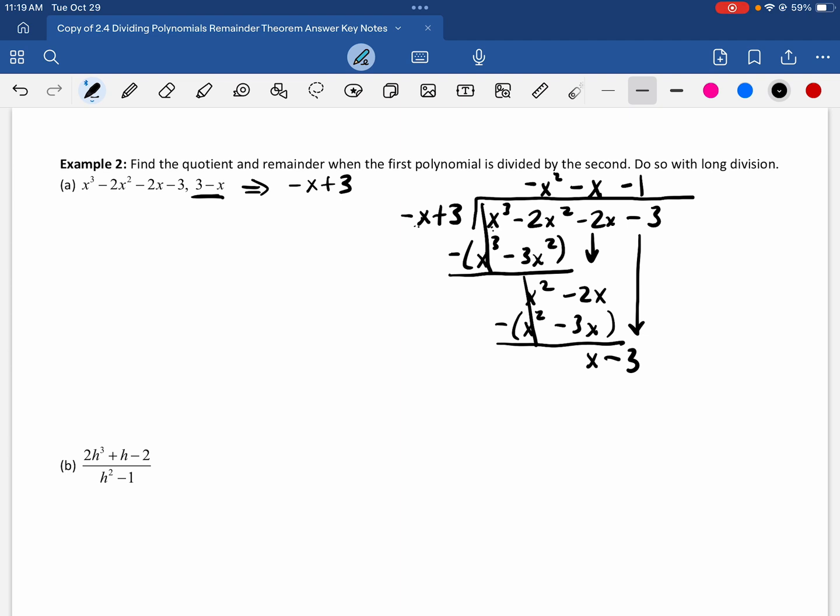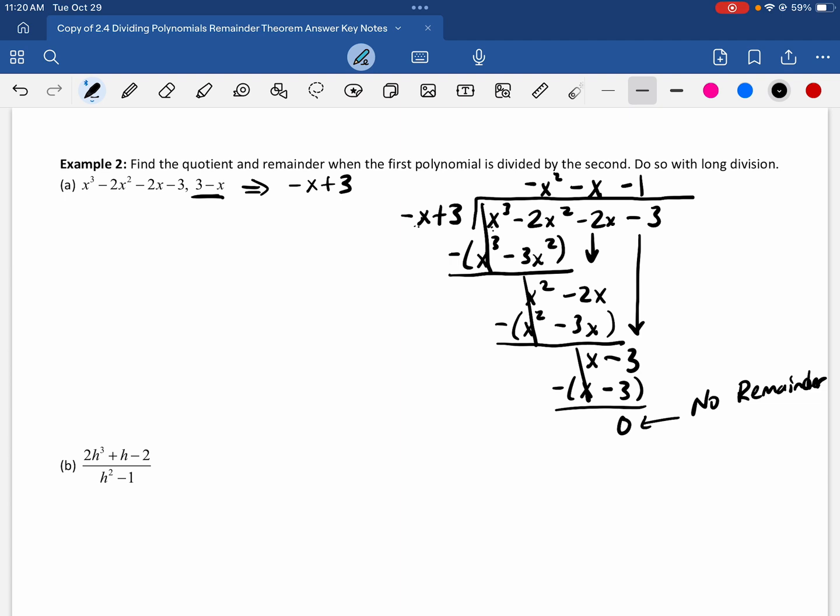So negative 1 times negative x is just x. Negative 1 times 3 is negative 3. And I subtract. X minus x cancels out. Negative 3 minus negative 3 is 0. So this right here tells me I don't have a remainder because I got 0 here. No remainder in this case.